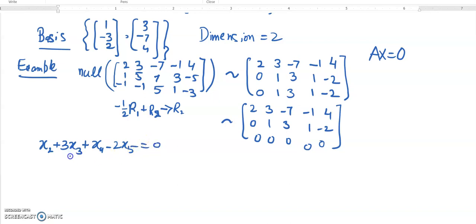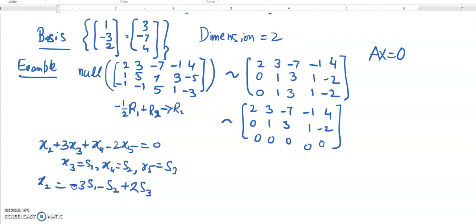Conveniently we can take x3 equal to s1, the free parameter, x4 equal to s2, and x5 equal to s3. Therefore x2 will be equal to minus 3 x3, so minus 3 s1, minus x4, minus s2, and plus 2 x5, plus 2 s3. So this will be the value of x2.